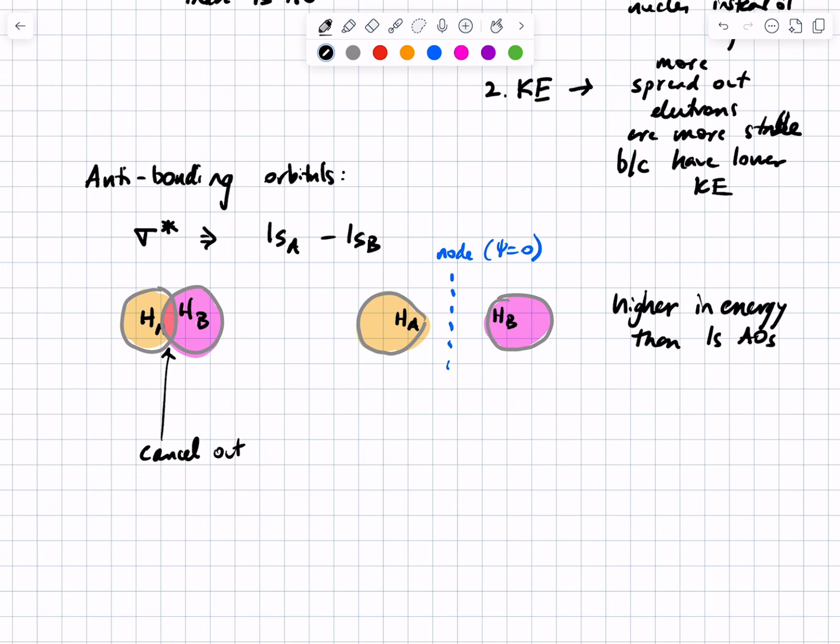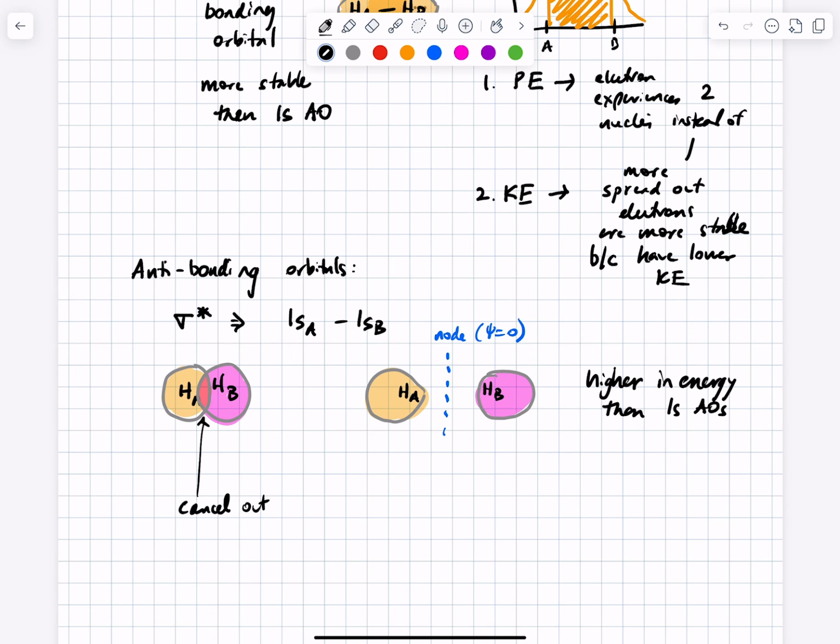And again, one reason for that is that if there were electrons in this antibonding orbital, they would spend their time on the outside, away from the space between the two nuclei, and farther from the nuclei is higher in energy. So this concept of antibonding orbital is new, though you've encountered it as you've read the study guide.